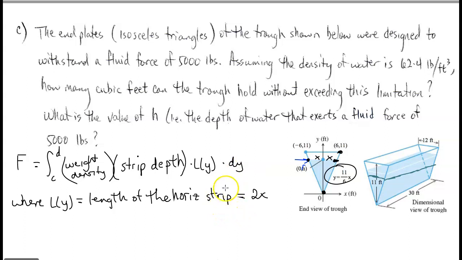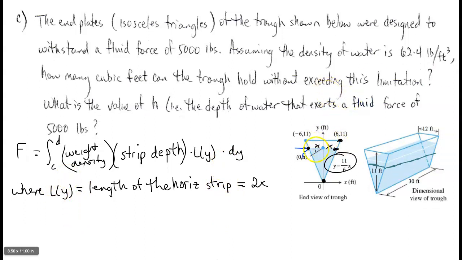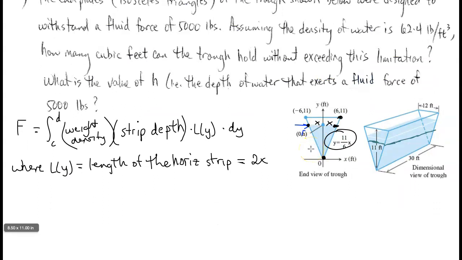All right, so now that we have all that defined, let's go ahead and try to find what we need here, okay? So we already know what the weight density is. So the weight density is going to be 62.4 pounds per cubic foot.